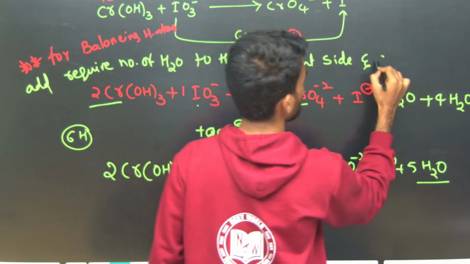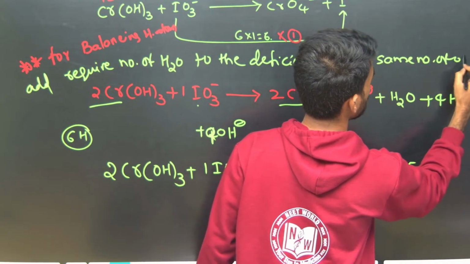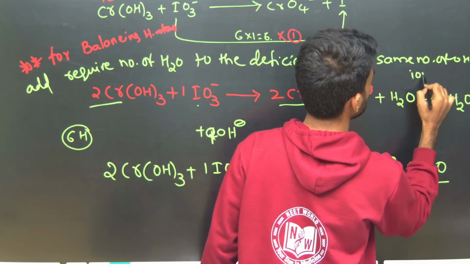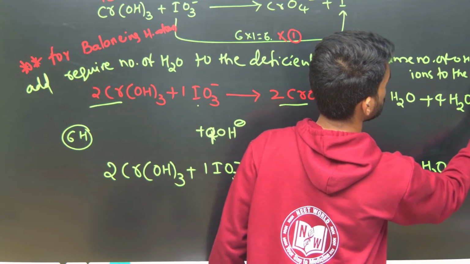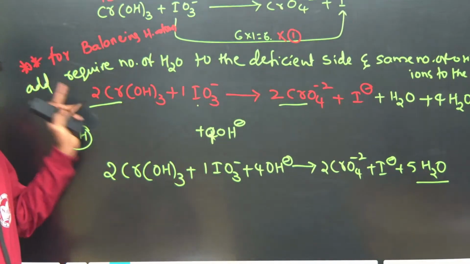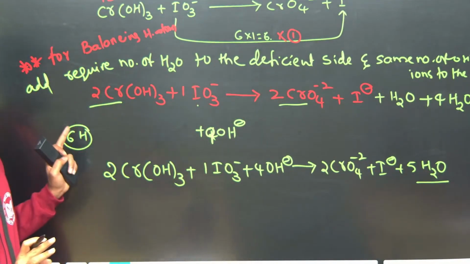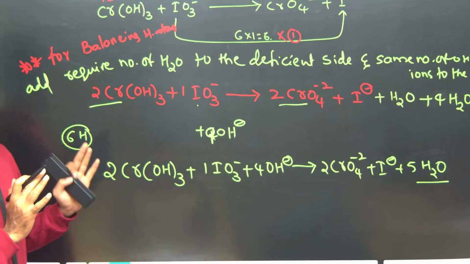and the same number of OH minus ions to the opposite side. That's it. This is the statement you should follow every time when you are balancing hydrogen atoms in basic medium. Is this clear or not?